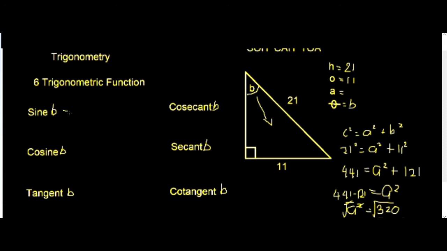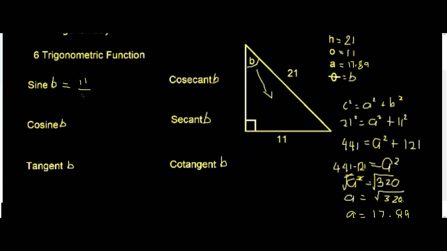So you have sine B is equal now to 11 over 21. Cosine B is 17.89 over 21. And your tangent B is equal to 11 over 17.89.